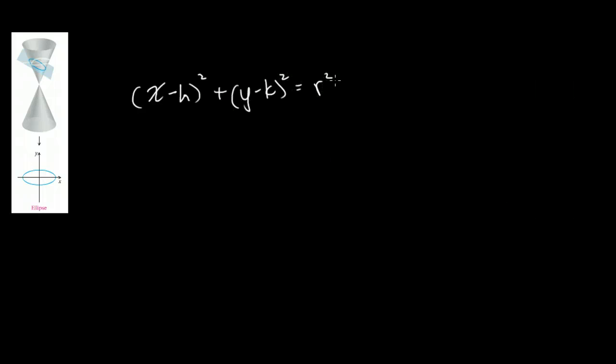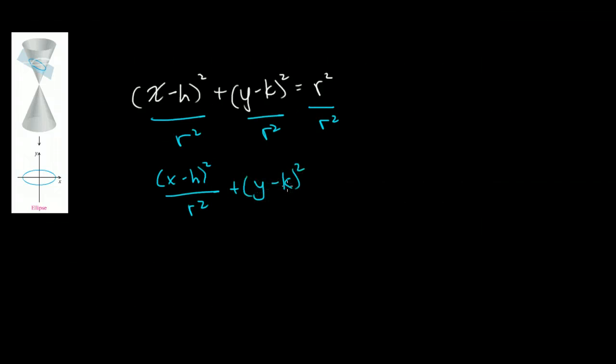And for fun, let's set this equal to 1, and we would do that by dividing each term by r squared, so that our new equation would look like (x minus h) squared over r squared plus (y minus k) squared over r squared, and that's equal to 1.